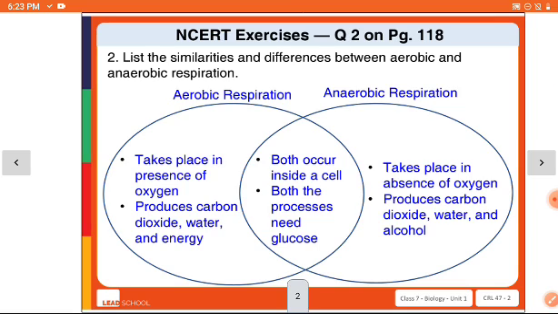But anaerobic respiration takes place in the absence of oxygen and produces carbon dioxide, water and alcohol. The similarity is that both occur inside a cell and both processes need glucose. The difference is the presence of oxygen in aerobic and the absence of oxygen in anaerobic.